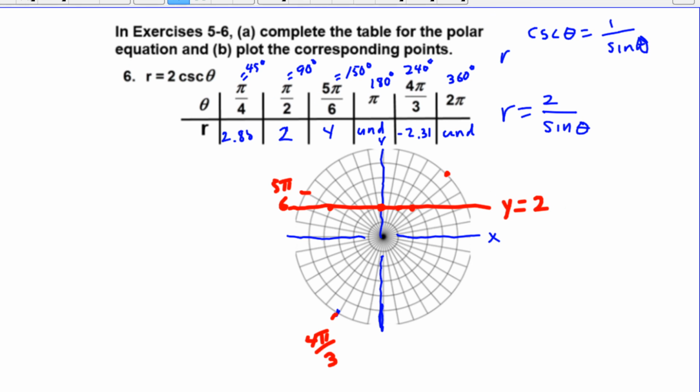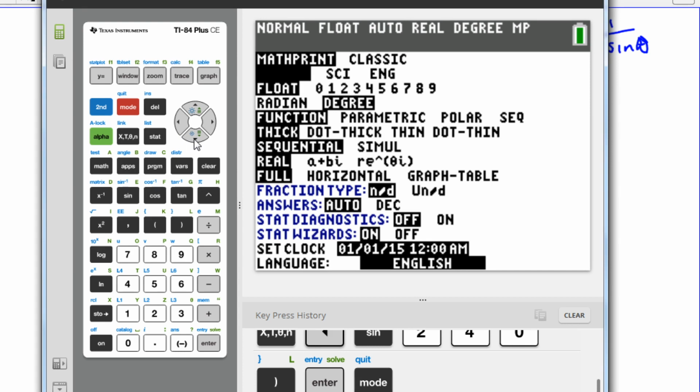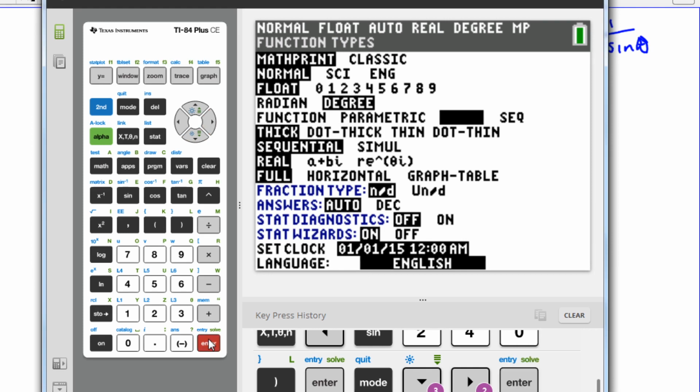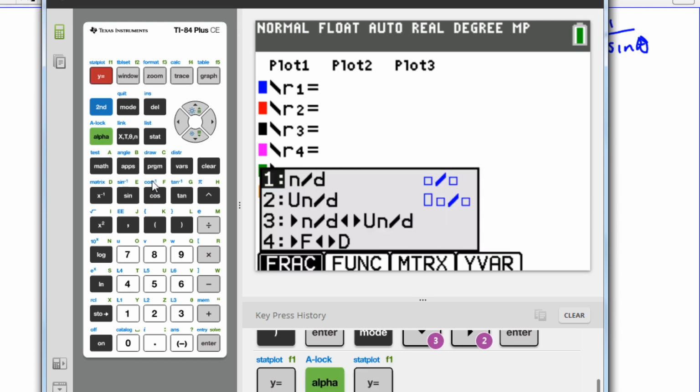And I want to show you this. 2 cosecant is sort of an introduction to polar equations. You go to your calculator, and you go to mode, and going down here to functions, you can go to graph polar, press enter, and we can put in 2 over sine theta.